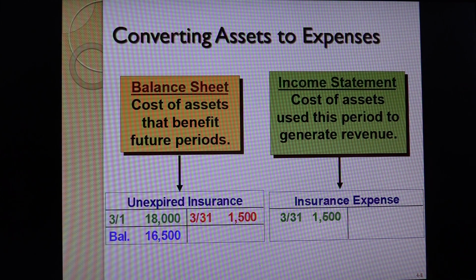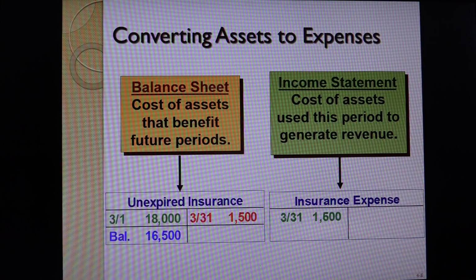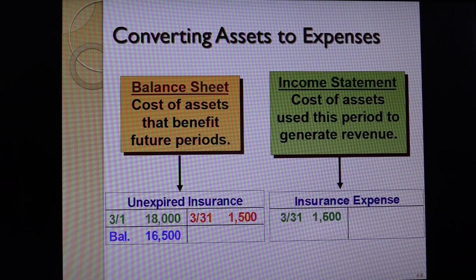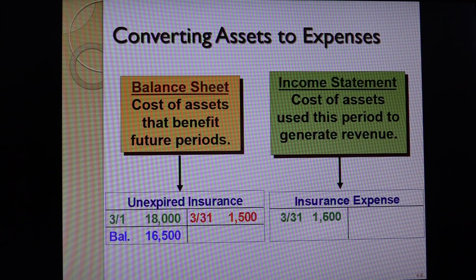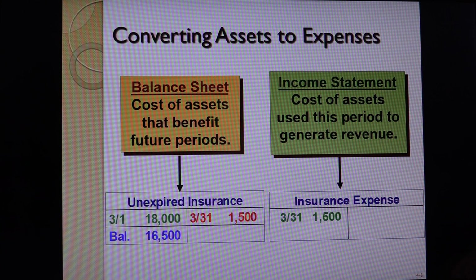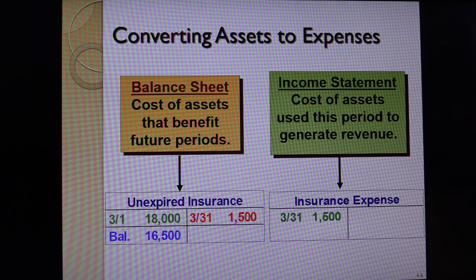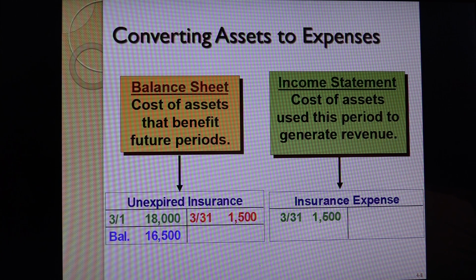And I suppose the insurance premium is probably to insure their employees. Doesn't really say, but I'm going to assume that's probably what that is. So here's an example of how the unexpired insurance account went down, insurance expense account went up.